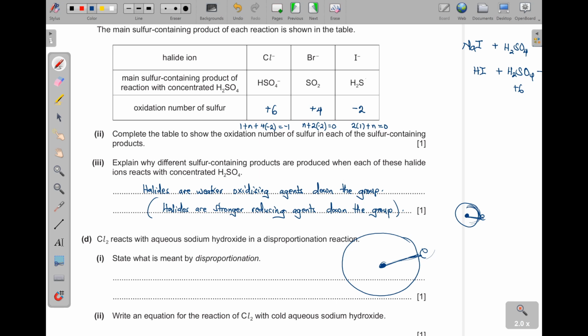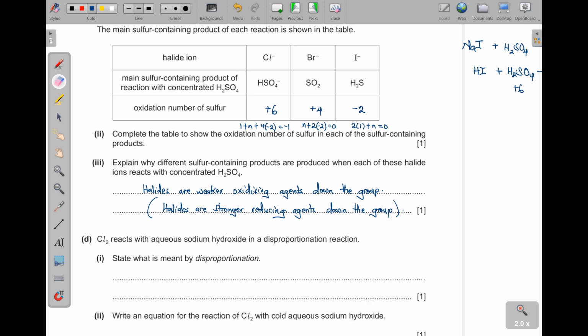So the attraction becomes stronger. So it is easier for chlorine to receive an electron, and therefore it's an oxidizing agent. Because an oxidizing agent gets reduced, therefore it attracts electrons to itself. I don't know whether that made sense.